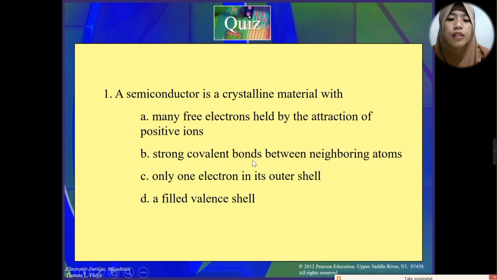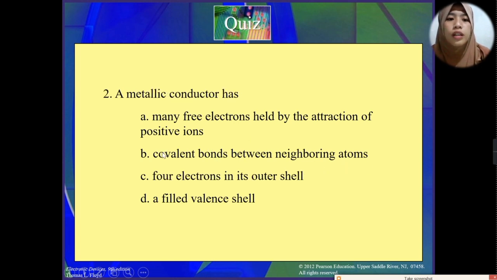So, we provided an example in which we have antimony and silicon. They are bonded to each other, where they share electrons with their neighbors. Question number 2, a metallic conductor has letter A, many free electrons held by the attraction of the positive ions.